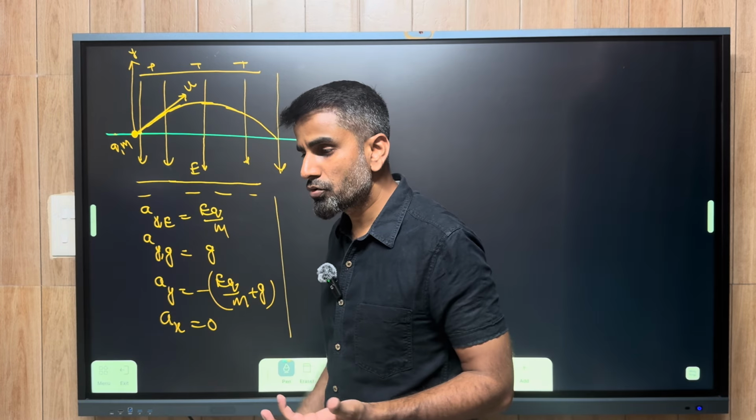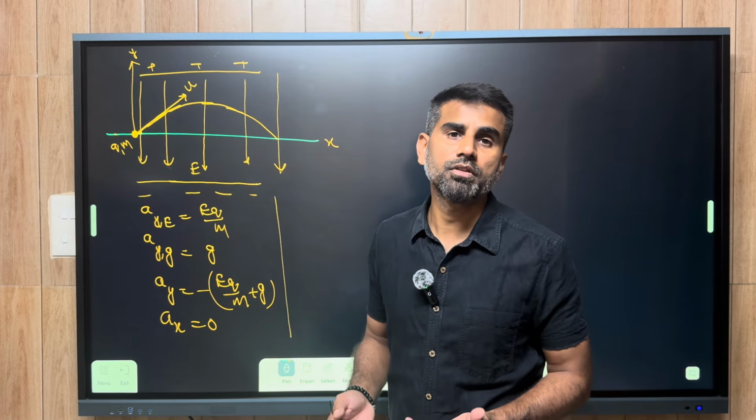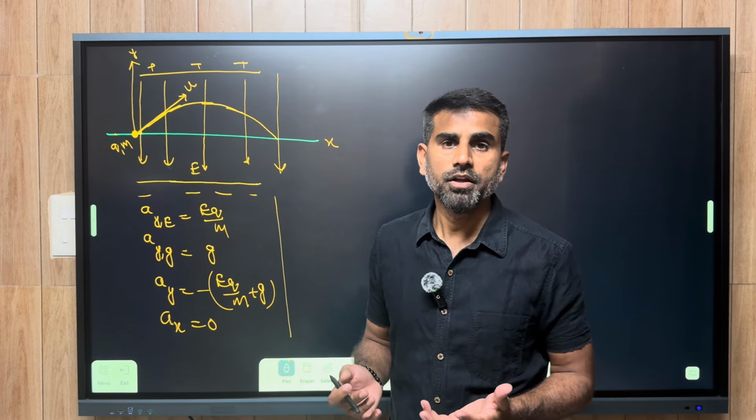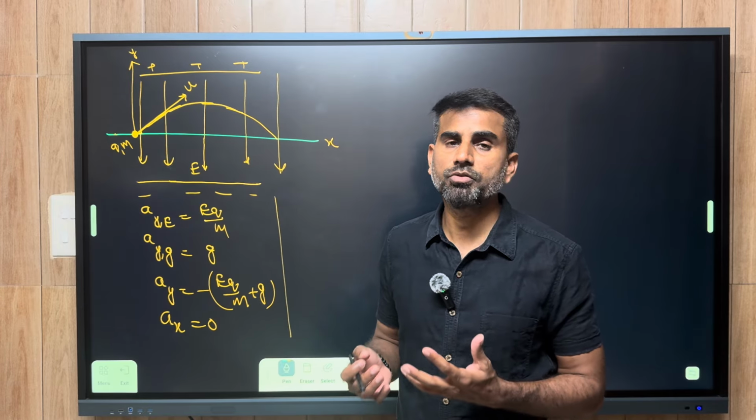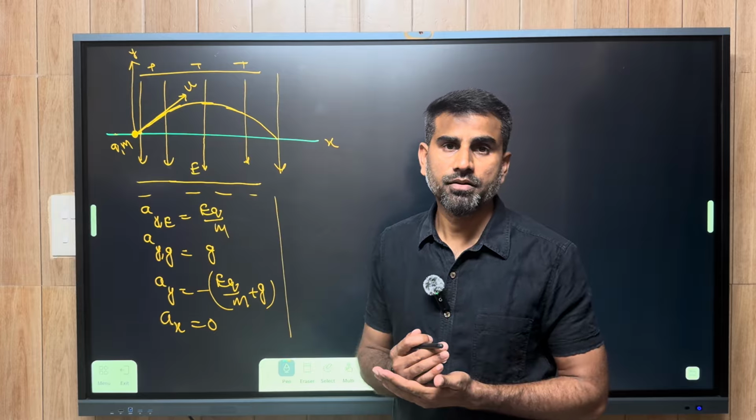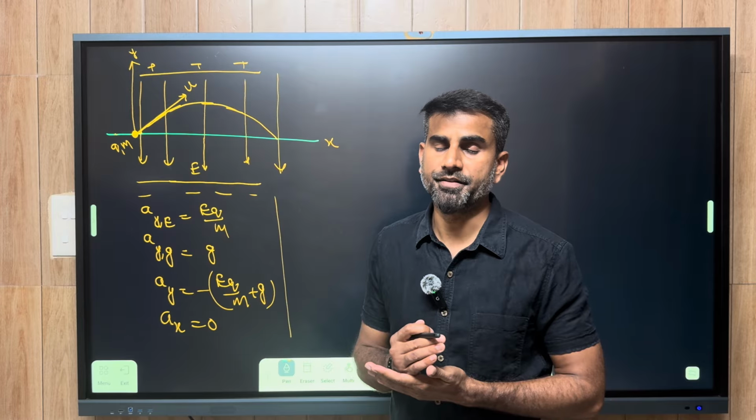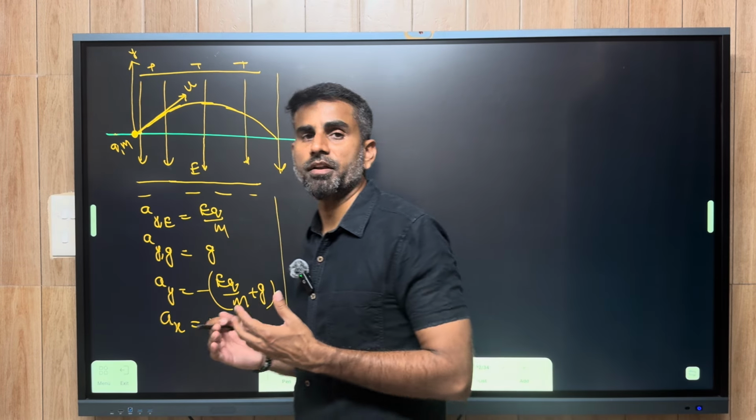If you can remember the formulas, it is great. If you are unable to remember them, please go and check the details in the kinematics lessons, so you will be able to recollect it.